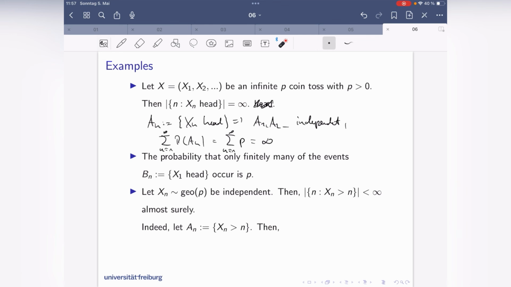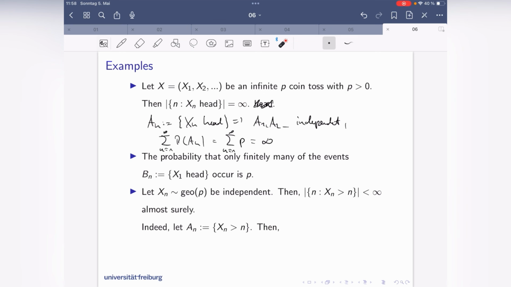So the probability that infinitely many of these events occur is p, because if X_1 comes up heads, all of the B_n's occur, and that's p. And in particular, it's not 1 if p is not 1. So the independence is, of course, violated here, because the B_n's are not independent. They're absolutely dependent.